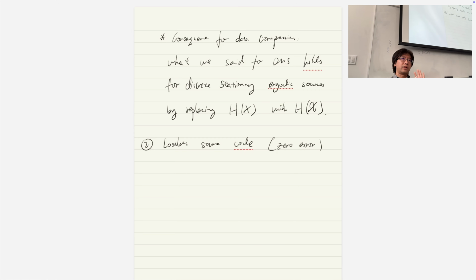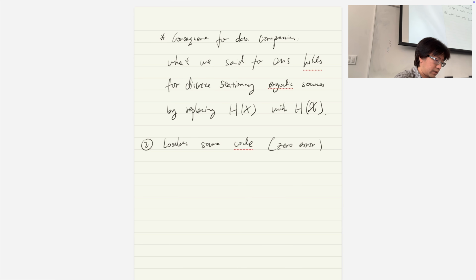So now we consider zero error, which basically means that we have to code every symbol. Before we could ignore some symbols, but now we need to code every symbol. Okay, that's the difference. Therefore, we have some new definitions here. Now the problem is more complicated than before.